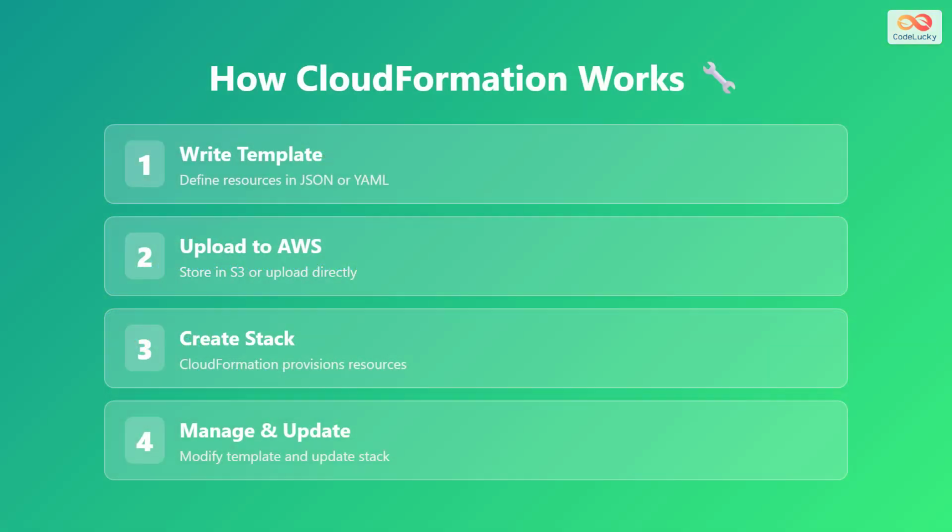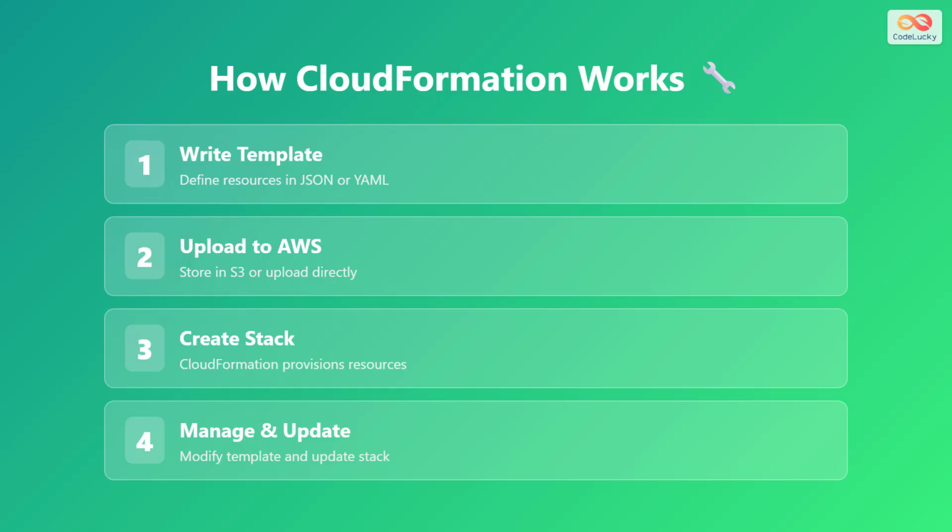The CloudFormation workflow follows 4 main steps. Step 1. Write your template by defining all resources, their properties, and relationships in JSON or YAML format. Step 2. Upload your template to Amazon Web Services, either by storing it in an S3 bucket or uploading it directly through the console or command line interface.